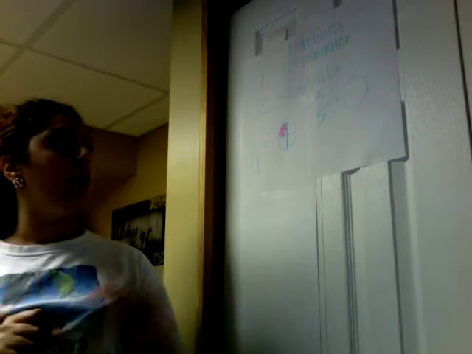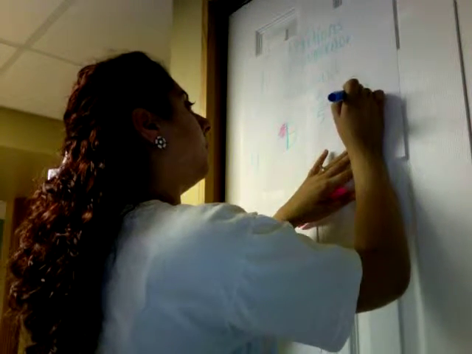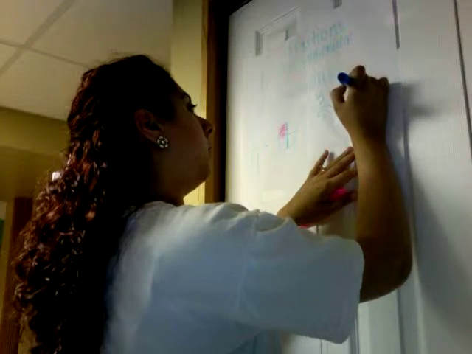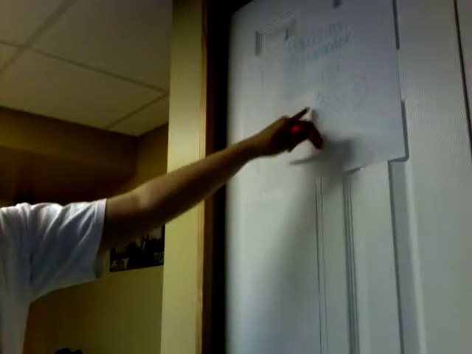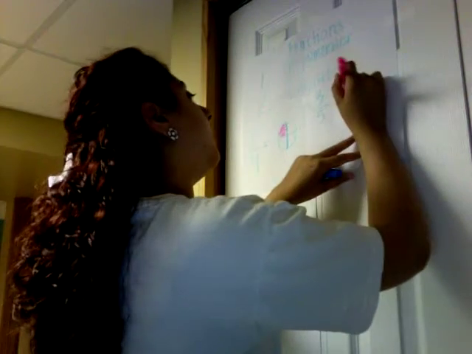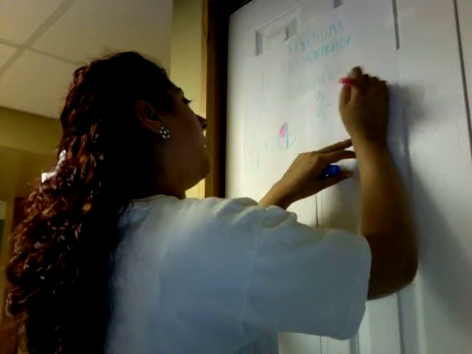The denominator, which is which number? 5. Good. So we have to divide it into 5 pieces. 5 pieces. How many are shaded? 3. Good. 1, 2, 3.